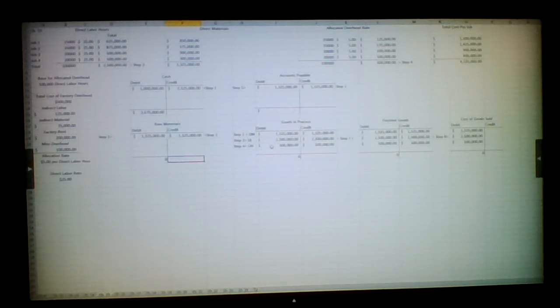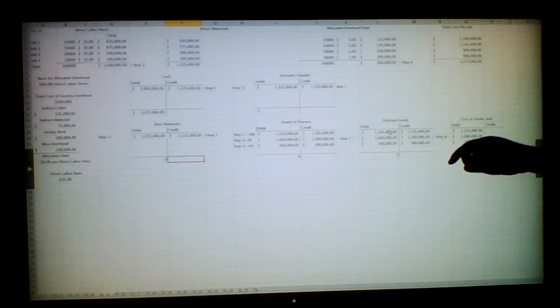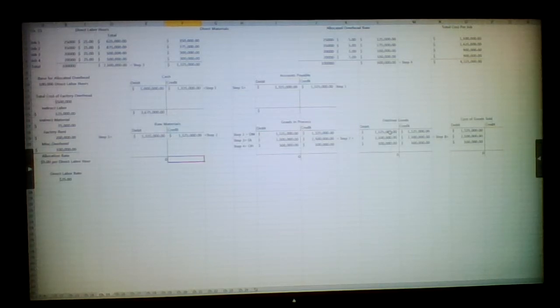Now, when these goods have completed being in process, they get credited to goods in process and debited to the finished goods account, which means they're ready to be sold. Then when they get sold, they move over to your cost of goods sold, which would then be used against your sales to tell you how much your gross profit for that quarter was.